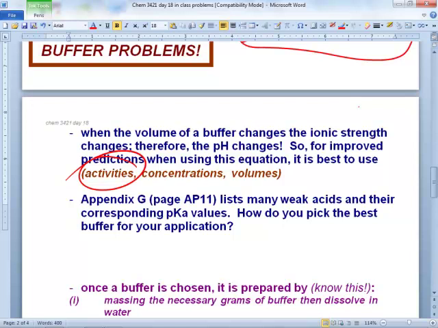And maybe the one closest to 8.5 is super expensive, so you pick the next closest one, right? But that's the idea. You pick the pH, you pick the pKa closest to the pH that you want, and that's the game that you play in picking a buffer.